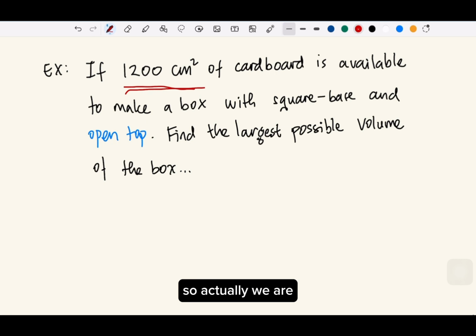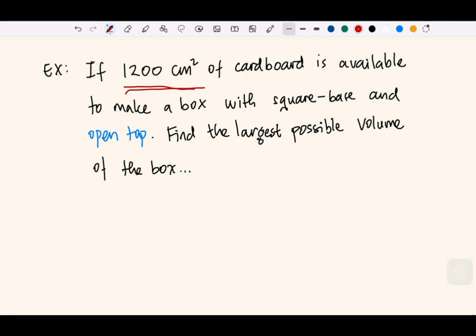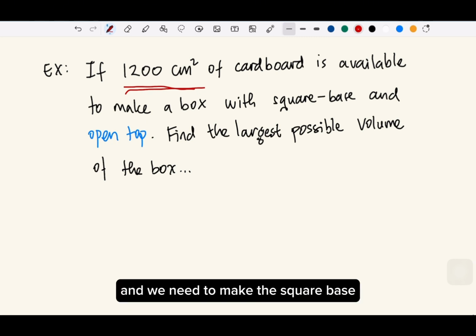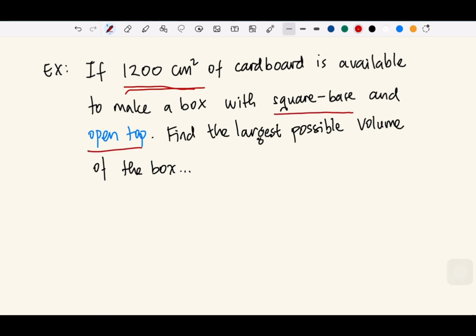So we need to know how we are going to cut, how our design will be, like how long. And we need to make a square base, and open top, so without the top.